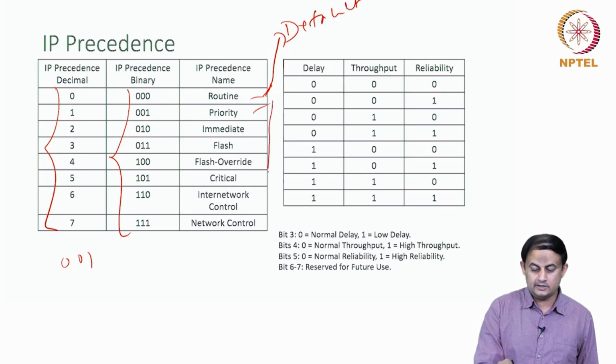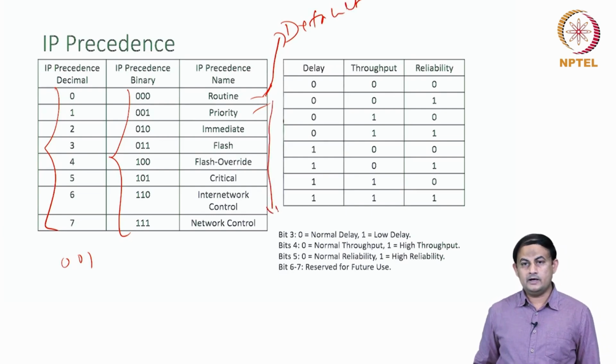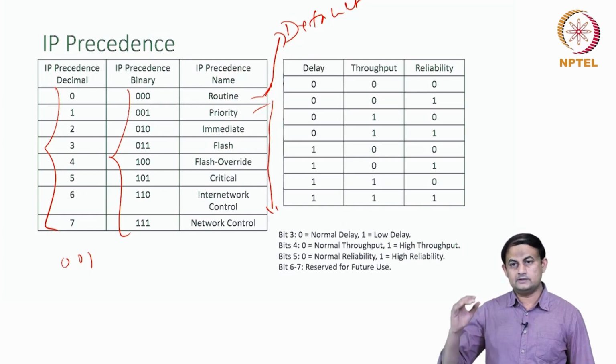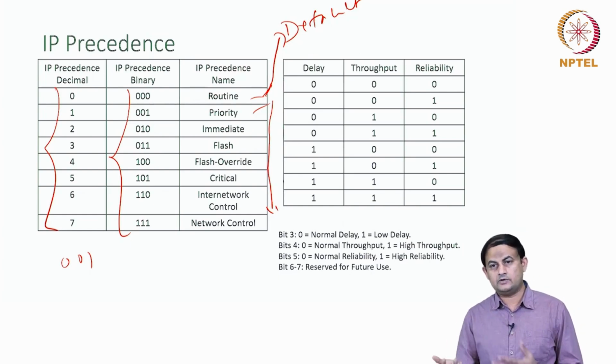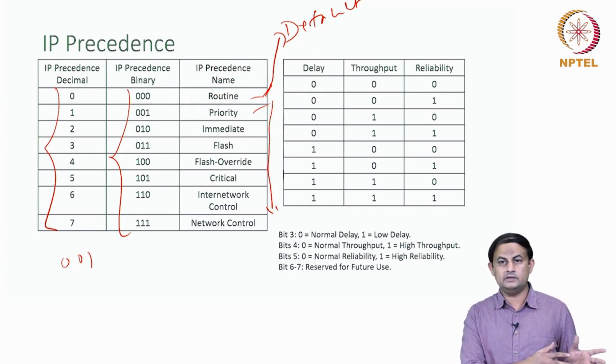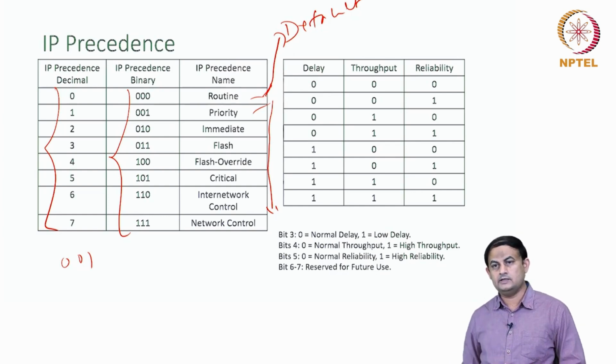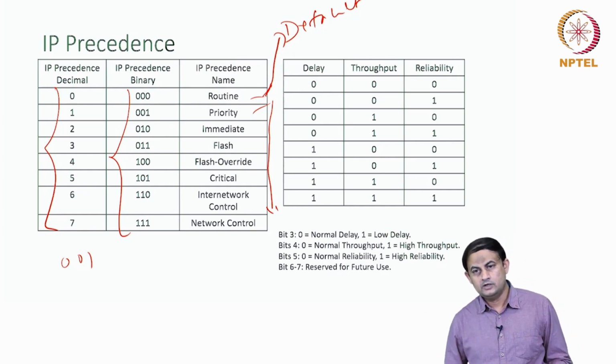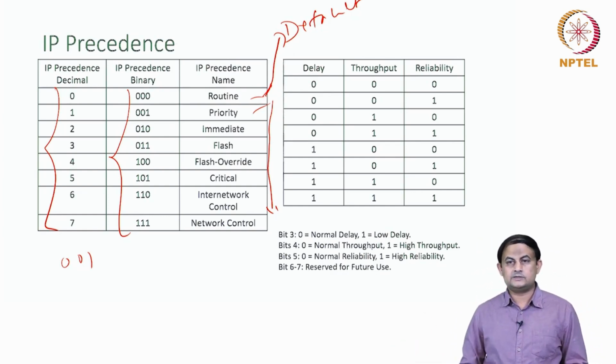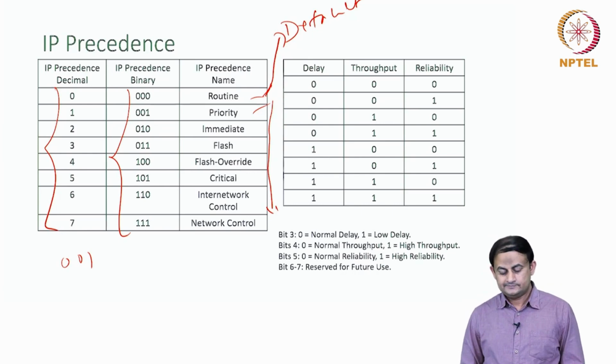Meaning, if you have to drop a packet, you drop a packet with the lower priority, preserving the higher priority packets in the queue. That's how IP precedence is defined.